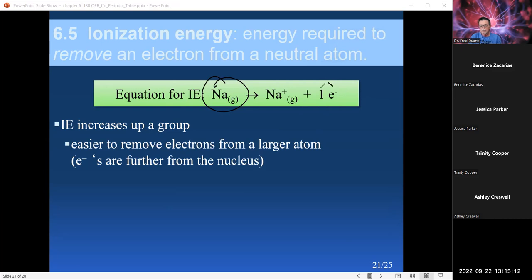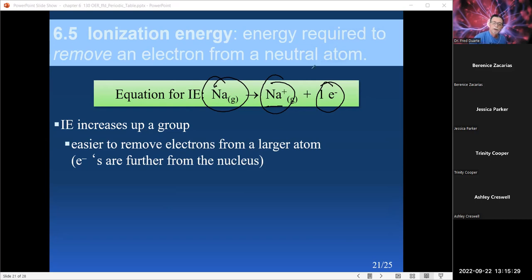We are trying to remove an electron to create an ion, hence the term ionization energy. How much energy does it take to ionize that element?